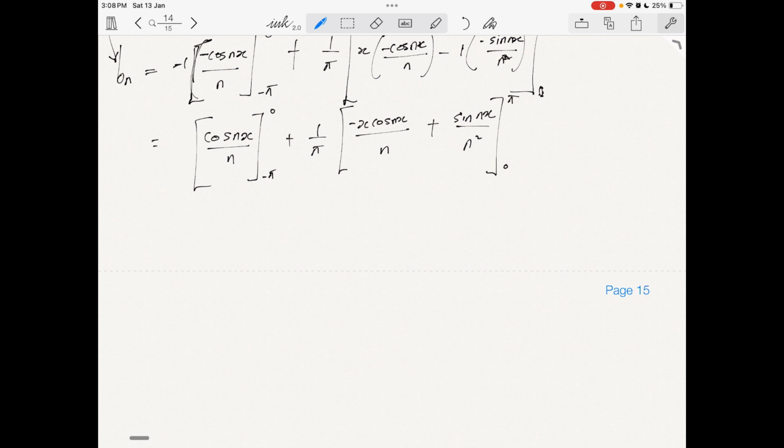Thereafter, we add the upper limit and we subtract it from the lower limit. So the upper limit for this is 0 and the lower limit is minus pi.